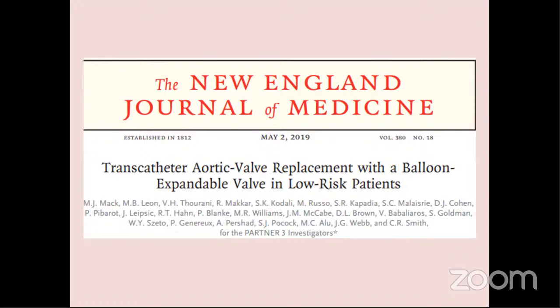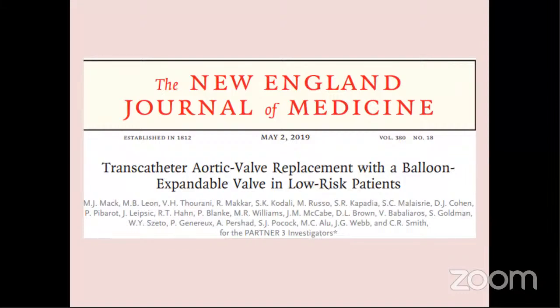So, in the previous randomized trials of TAVR patients who were at intermediate or high risk for death with surgery, TAVR was either superior or non-inferior to the standard therapy, including surgical aortic valve replacement. There was insufficient evidence regarding comparison of TAVR with surgery in low-risk patients.